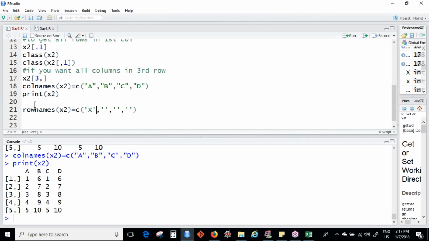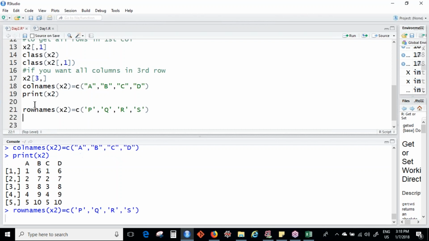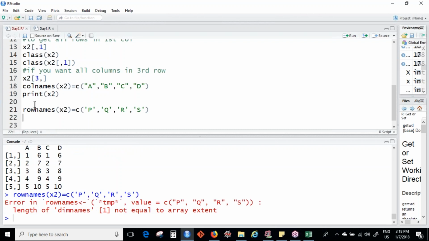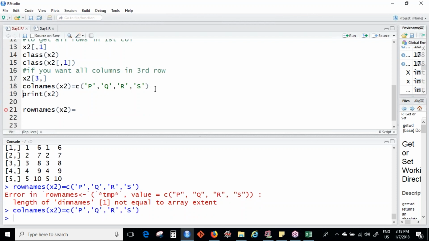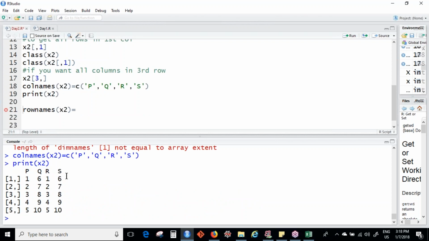Let's say P, Q, R, S. Quotes is not an issue, I'll show you. It works with single quotes also. See, it worked. So now you have PQRS.